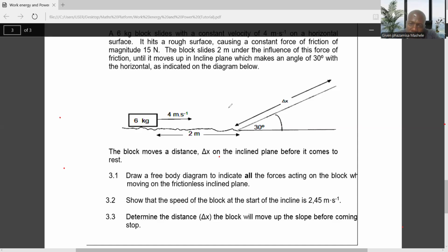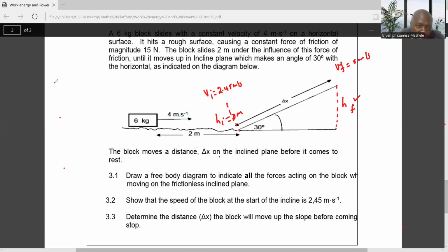So what we're going to say is, okay, the initial here, it was the final before, but now it will be the initial, 2.45. Now the final here is 0. And ladies and gentlemen, here we do not know the final height. The initial height will be 0. If we calculate the final height, we can know this.